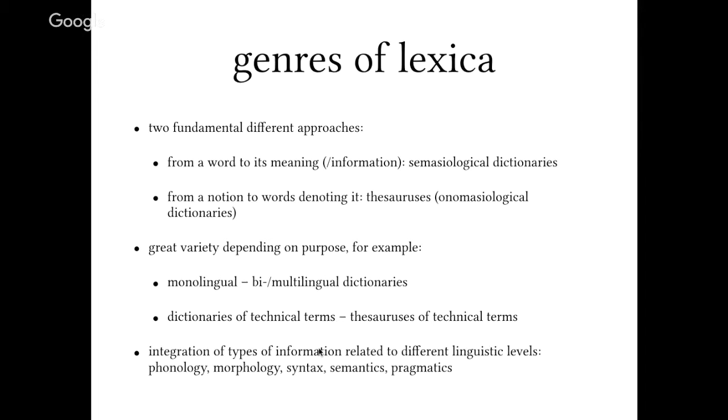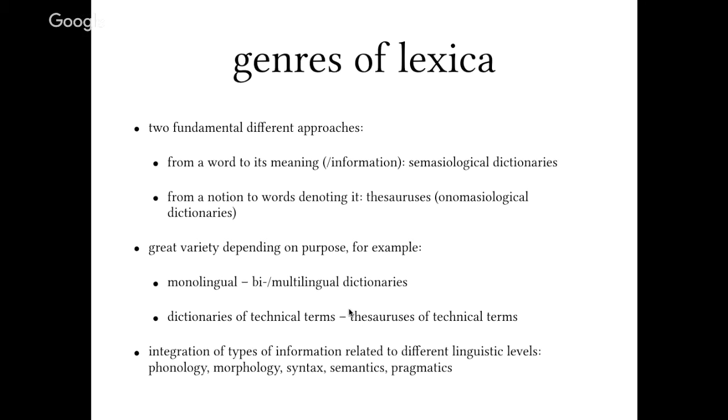You understand immediately that if we have a supergenre that has these two totally different approaches, it is extremely difficult to devise a common annotation strategy for both of them, and it is not by chance that the TEI XML dictionary module actually addresses only the first of these types, the semasiological dictionaries.